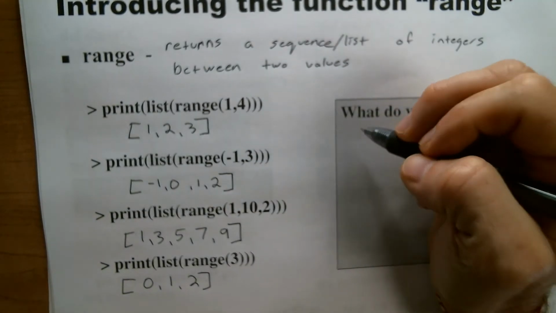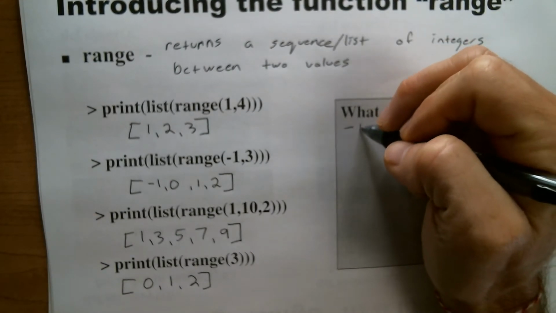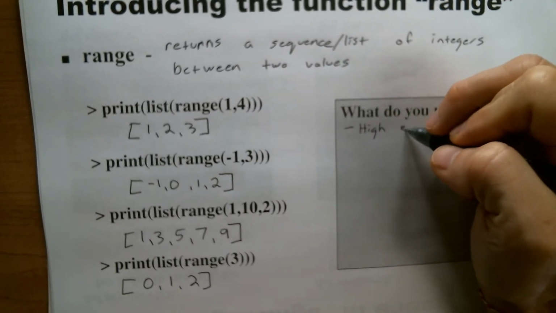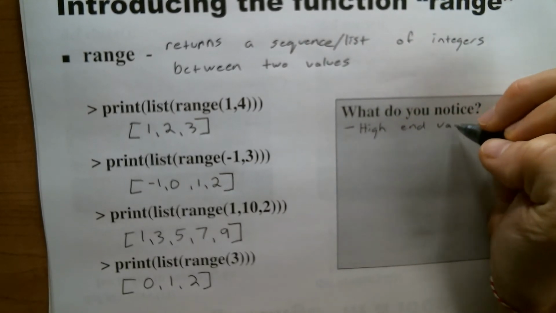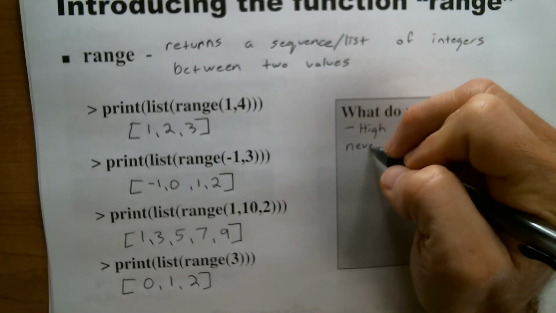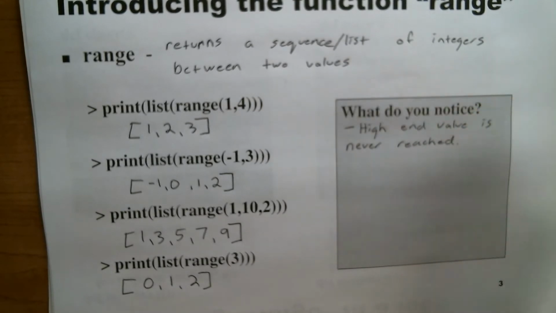So what do we notice? The high end value is never reached. If you do a range from 1 to 4, you don't actually get to 4. It's basically 1 to less than 4.